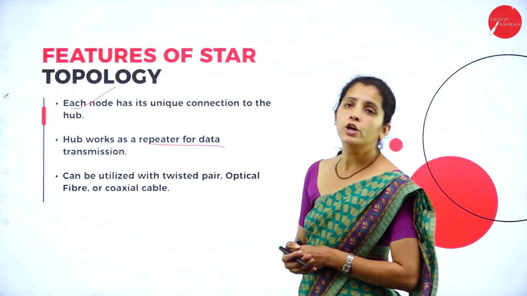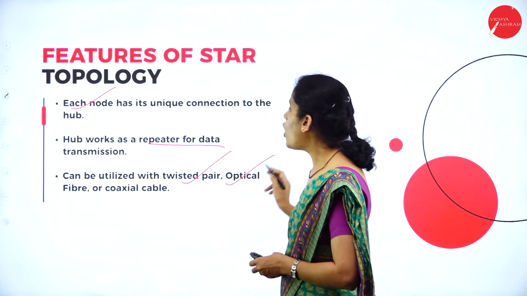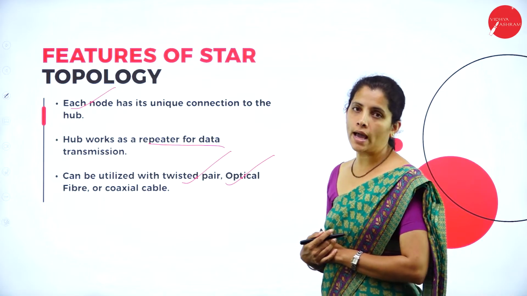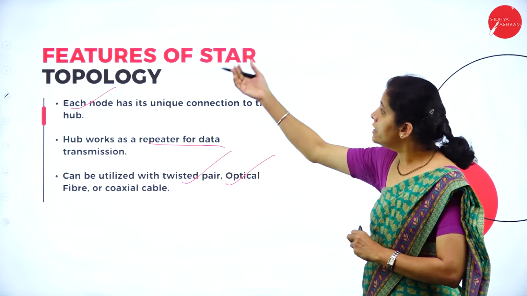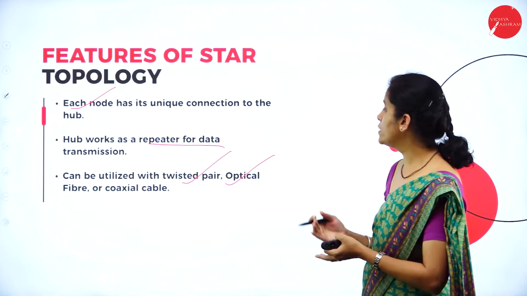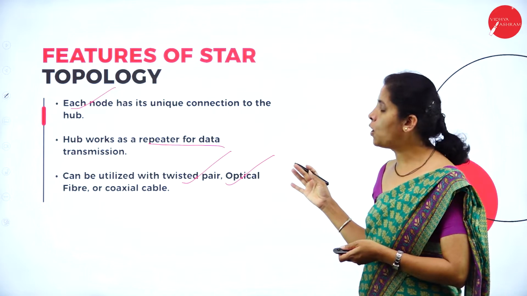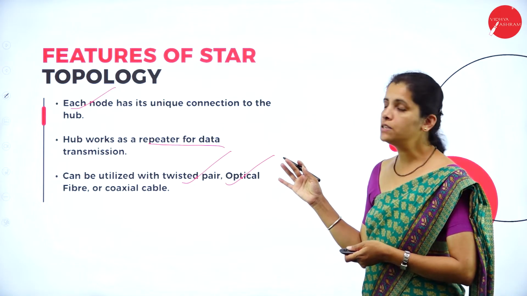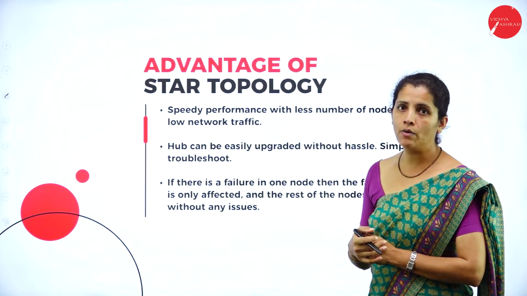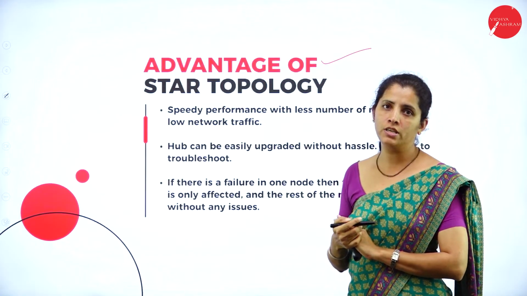It can be utilized with twisted pair, optical fiber and coaxial cable. So in star topology, all the connections are made using twisted pair cable, coaxial cable or optical fiber.